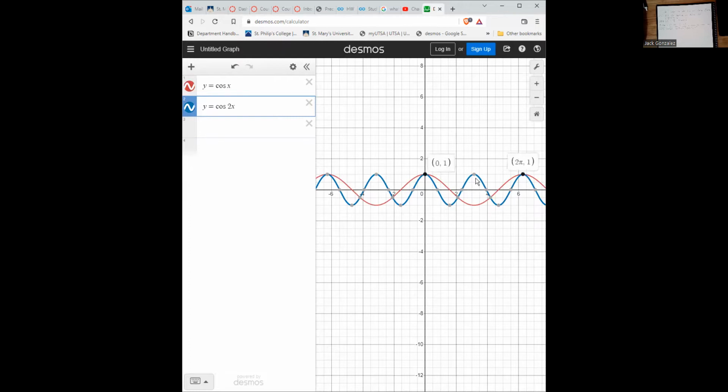This goes from 0 to 2 pi to repeat itself. This repeats in 0 to pi. So the period is shorter because this is 2 times as fast. Now that's the idea. If you triple it, then it's going to be repeating itself 3 times within 0 to 2 pi instead of twice here.